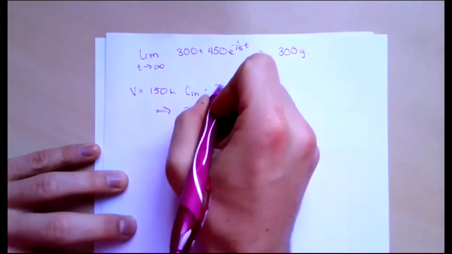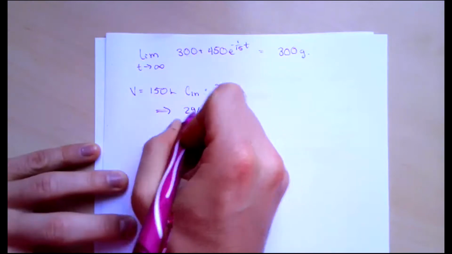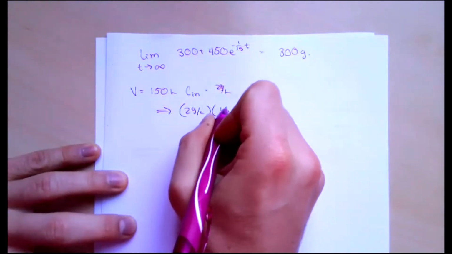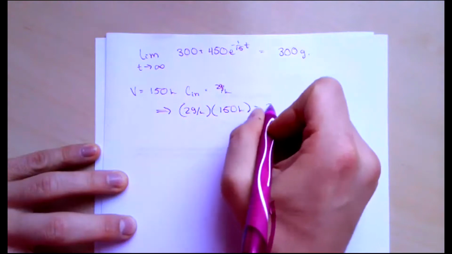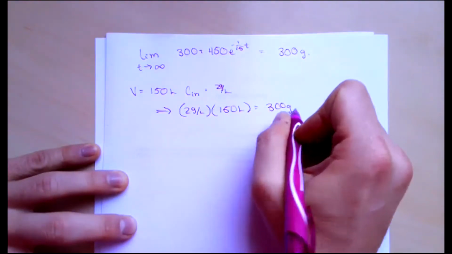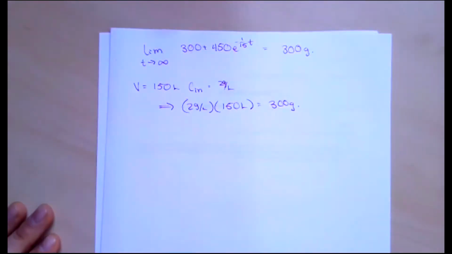The 2 grams per liter times 150. In other words, we should end up with 300 grams. Any questions on that guy?